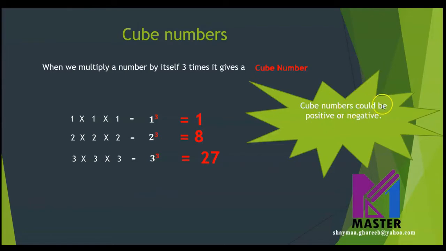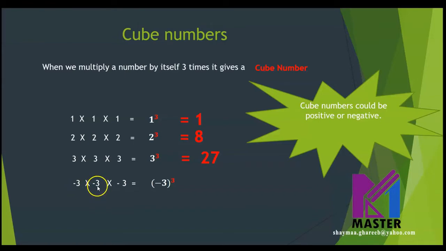Now, cube numbers could be positive or negative. All these numbers are positive. Now let's see how it could be a negative number. If I have negative 3 multiplied by negative 3 multiplied by negative 3, which is negative 3 cubed. Let's remember together: negative times negative gives positive.